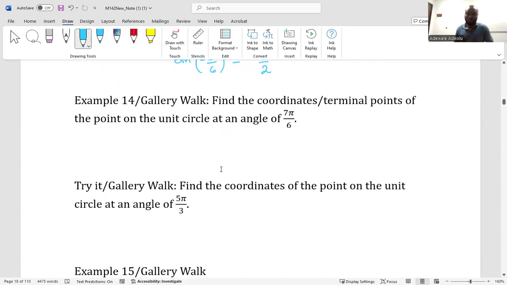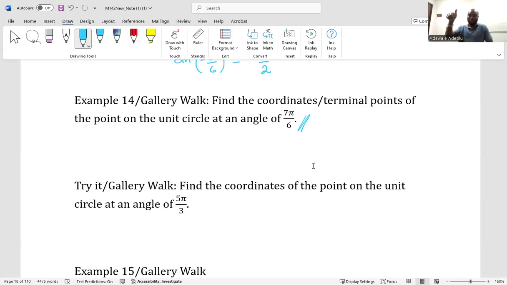Find the coordinates or terminal point of the point on the unit circle at an angle 7 pi over 6. I will leave this for you to do, so you can pause this video and work this out. Remember, pi over 6 is a positive angle.